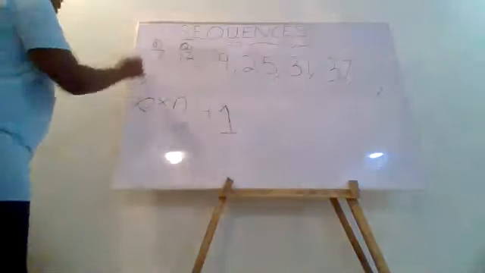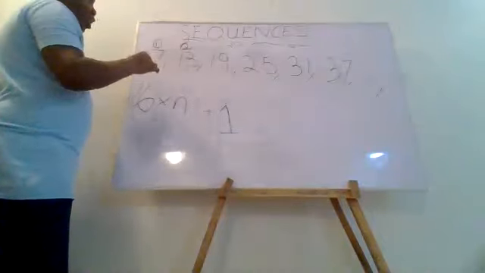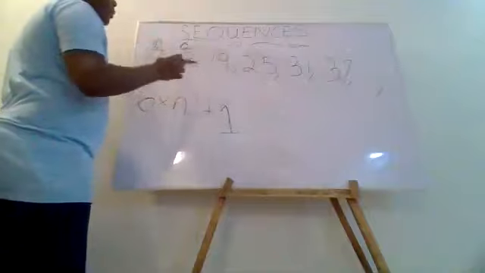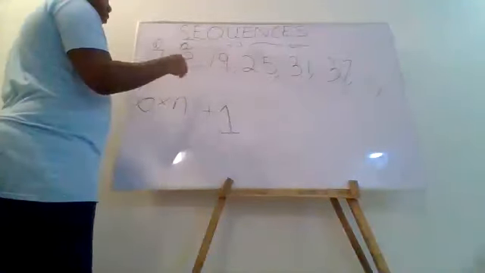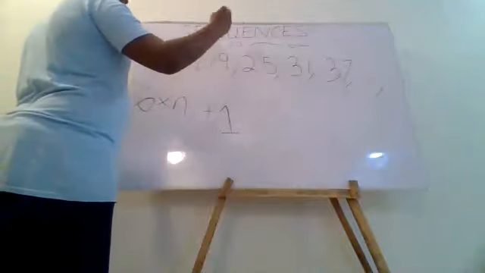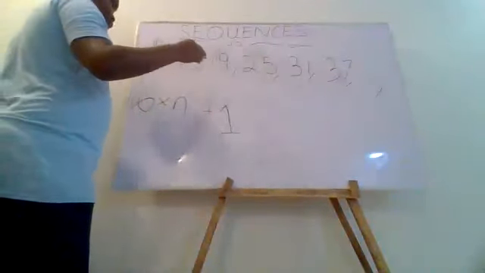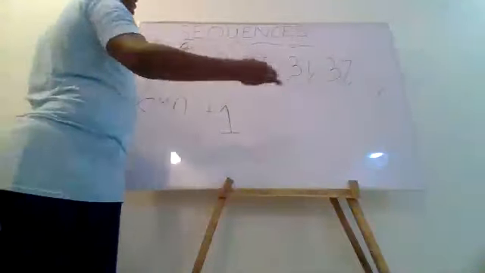Done. So 6 times 1 is 6 and 6 plus 1 is 7. 6 times 2 is 12 and 12 plus 1 is 13. 6 times 3 is 18, 18 plus 1 is 19. 6 times 4 is 24, 24 plus 1 is 25. 6 times 5 is 30, 30 plus 1 is 31. 6 times 6 is 36, 36 plus 1 is 37.